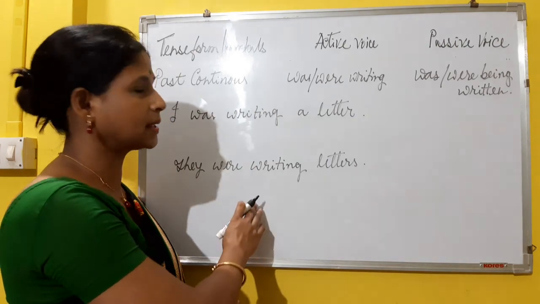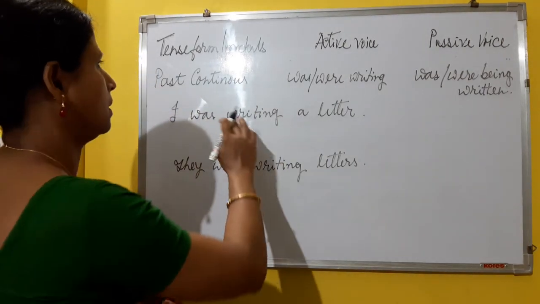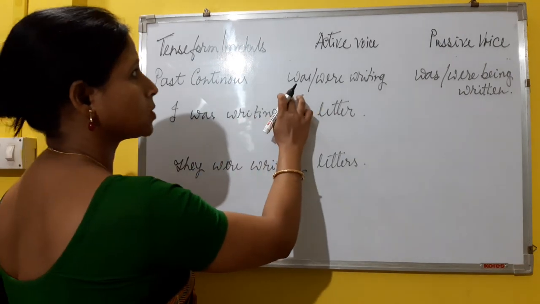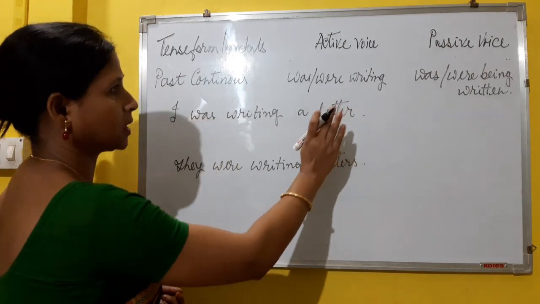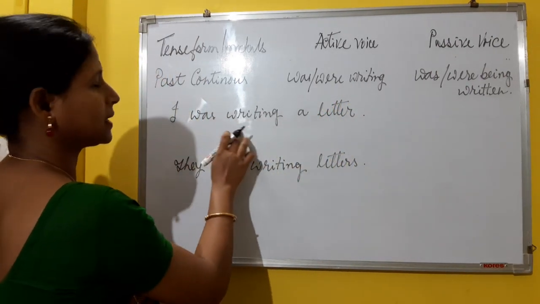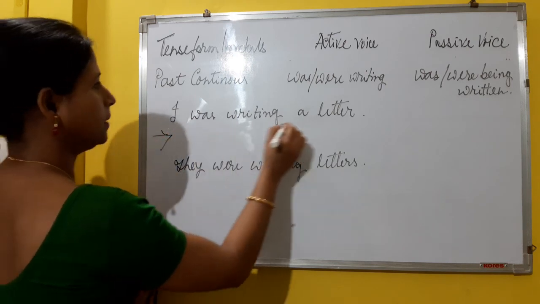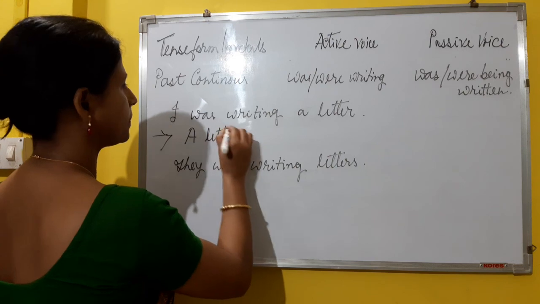Now our next sentences are in past continuous form. Past continuous sentences will be like was, were, writing, playing, reading, whatever you may get. This is the sentence, I was writing a letter. Here we will change it to a letter.